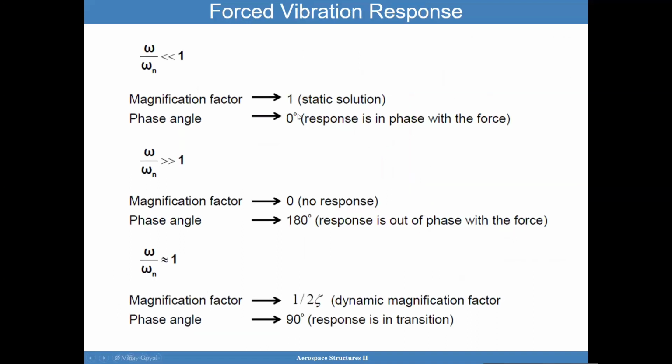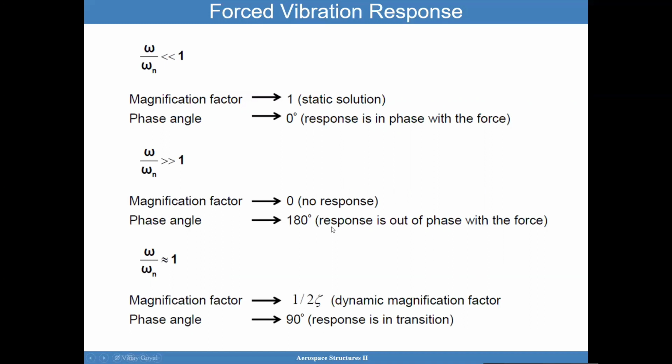And so here's what we talked about, a simplification of things. If omega, the forcing frequency, is much lower than the natural frequency, you have almost a static solution. The phase angle is going to be 0 degrees. The response will always be in phase with the force, very important. If omega is much greater than omega n, then you almost have no response in the system.